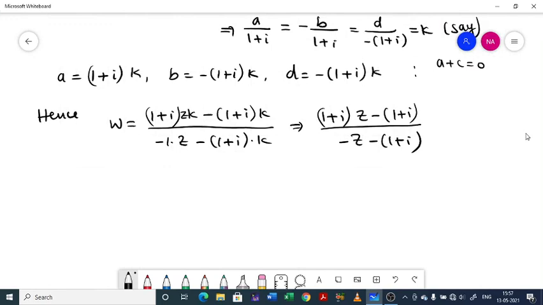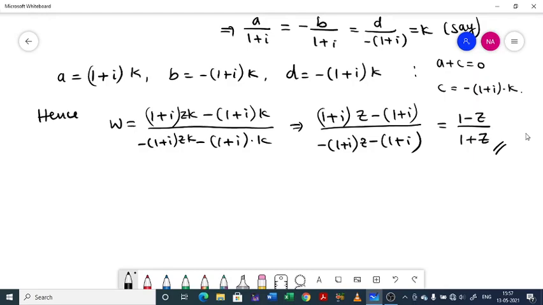So we should have c equal to minus of 1 plus i into k. That is a mistake I had made. So it will be minus of 1 plus i into z, and this is also minus of 1 plus i. Now cancelling 1 plus i on both sides and simplifying, it will be 1 minus z divided by 1 plus z. So this will be the required bilinear transformation.